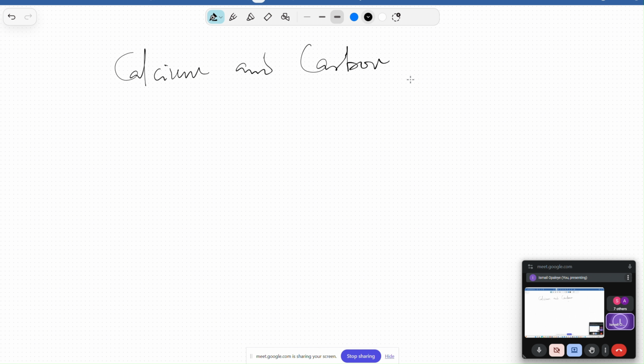So when the two of them combine together, we have the chemical formula to be CaC2, meaning that you are having two of this carbon combining with one of calcium.